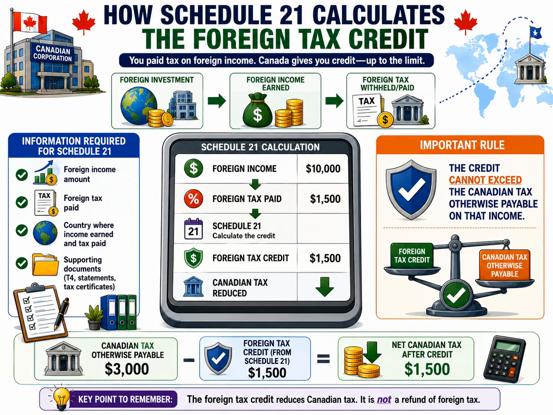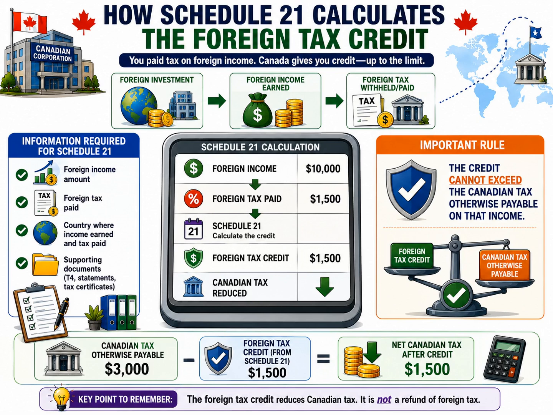In our example, let's assume the foreign government withholds $1,500 of foreign tax. Without any relief, the corporation would still have to include the full $10,000 of foreign income in its Canadian taxable income. That could result in Canada taxing income that has already been taxed by another country.